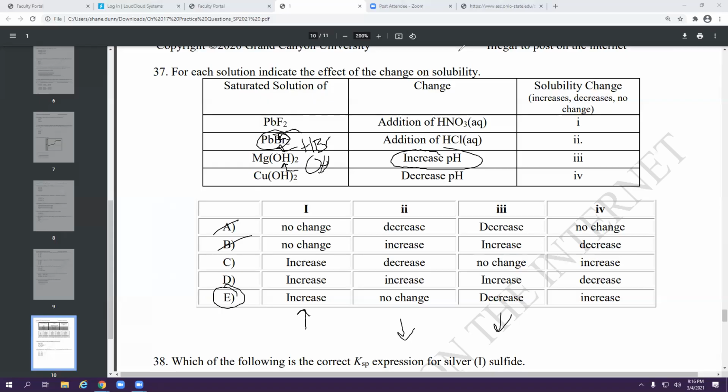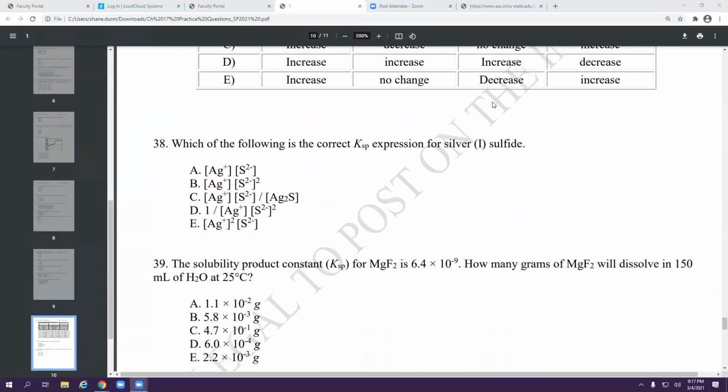However, if I take the exact same thing and add an H, the H plus the OH makes water, right? Which theoretically will increase solubility because it's making more water. That kind of makes sense? If you have a basic solution and you add an acid to it, you increase the solubility because you're making water. If you have a base and you add a base, it doesn't really do anything. It's going to make it more basic, not make anything else.